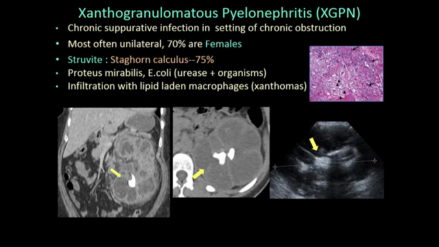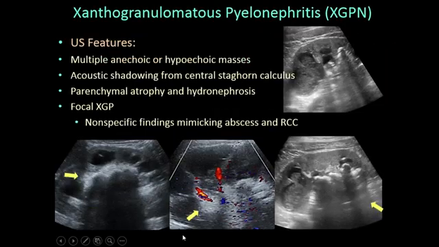So xanthogranulomatous pyelonephritis is in the setting of this chronic stone-forming stones with chronic obstruction. So chronic infection in the setting of chronic obstruction is usually what we see with xanthogranulomatous pyelonephritis, and 75% of them associated with a staghorn calculus in that images.